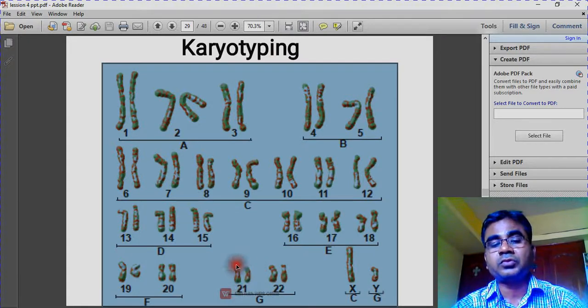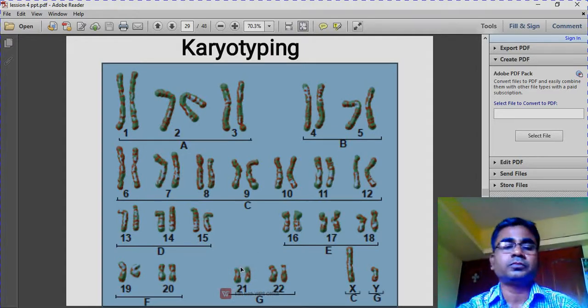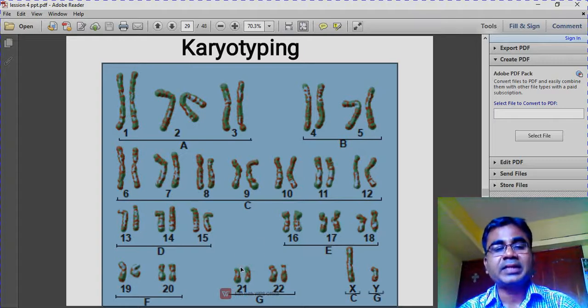Here only two chromosomes should be there, and the addition of one chromosome in chromosome 21 is trisomy. If it is trisomy, that is Down syndrome. That is the example for aneuploidy. If there is any aneuploidy, we can find it out earlier.